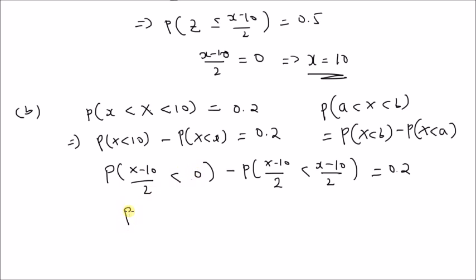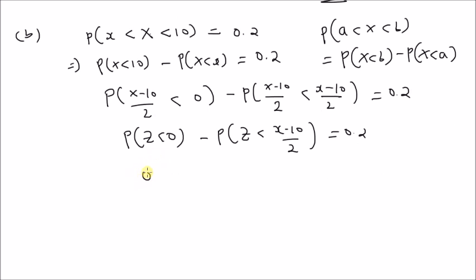Clearly, this is equal to probability of Z less than 0 minus probability of Z less than (x minus 10) divided by 2, equal to 0.2. So this is phi of 0 minus phi of (x minus 10) by 2, where phi is the normal cumulative distribution function, equal to 0.2.